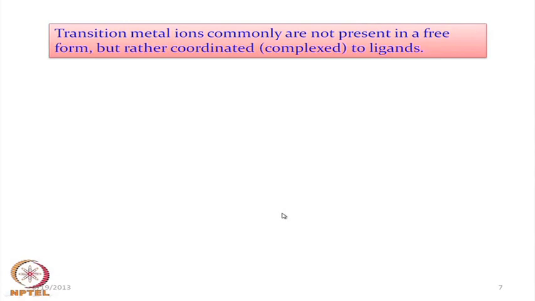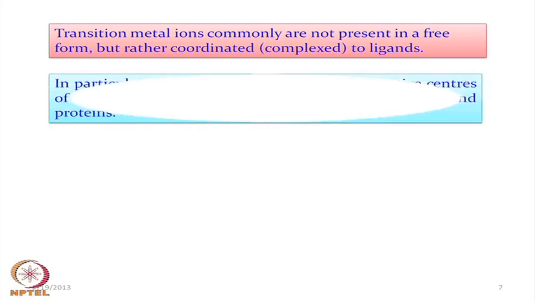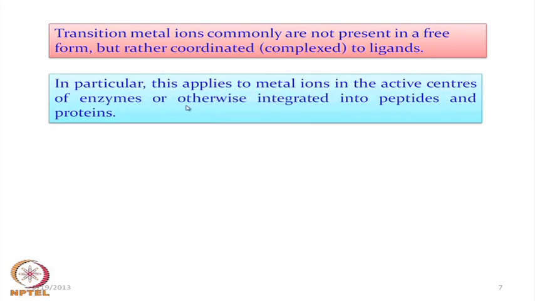Several of these transition metal ions such as iron, copper, cobalt are present in free form, and sometimes they are coordinated to ligands, because they cannot remain as the corresponding aqua complexes. Instead of those aqua complexes, they can be complexed with the ligand. So, we must know the nature of these ligands, what those ligands are which we can handle.